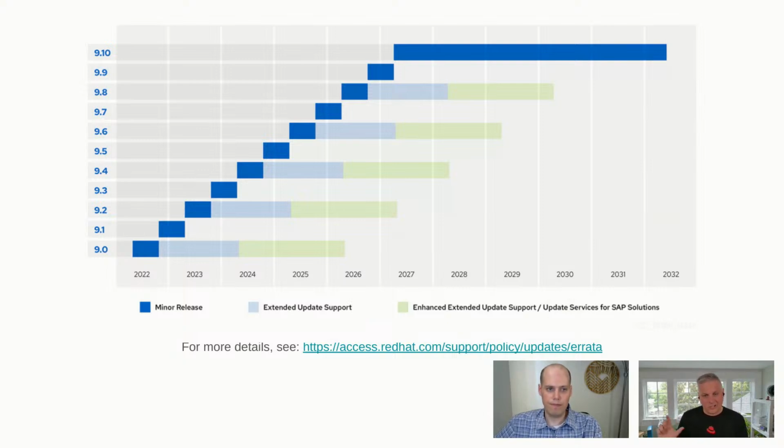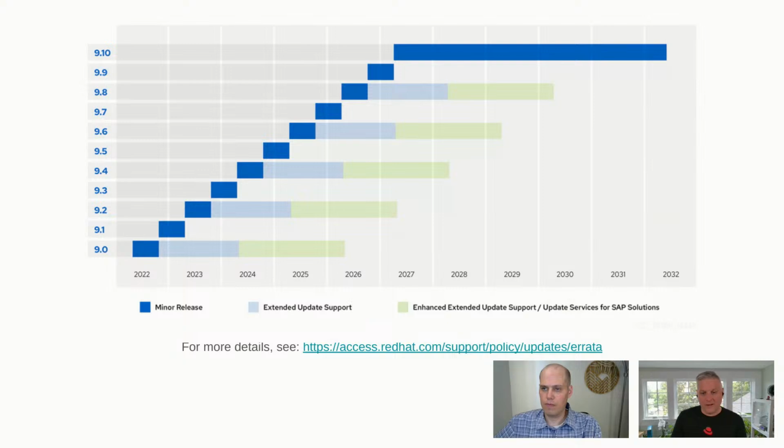And then the greenish one. It turns out that having up to 2 years for a minor release is sometimes not enough for people. So starting with RHEL 9, we offer something called enhanced extended update support, and that gets you up to 4 years on a specified minor release, getting those critical and important security errata.